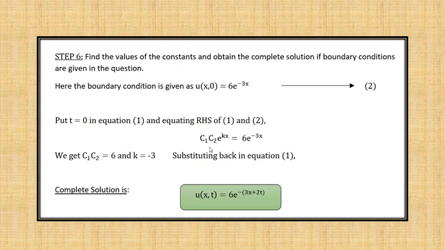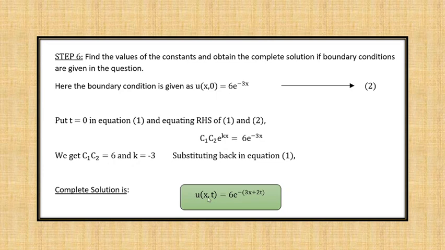Then we will get c1 into c2 into e raised to kx into 1 is equal to 6 into e raised to minus 3x. On comparing both sides, we will get c1 into c2 is equal to 6 and k is equal to minus 3. Let us substitute these values in equation 1 to get the solution that satisfies the boundary condition.